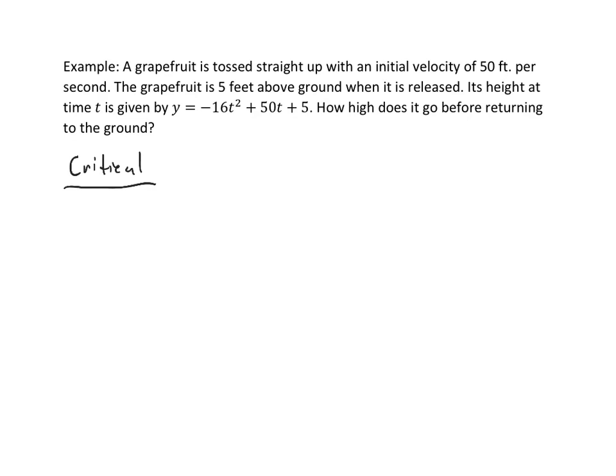To find the critical point, we want to find the derivative first. y prime would equal negative 32t plus 50. And we want to know when this will equal 0.